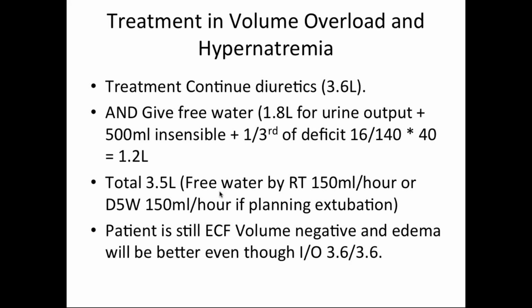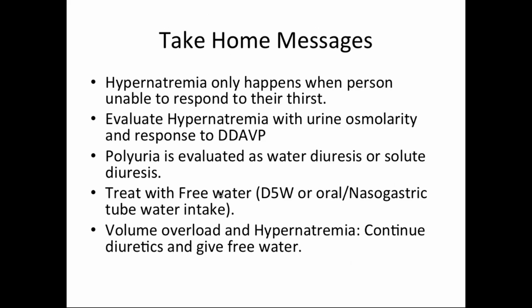And so as we continue our diuretics, the person's extracellular compartment, interstitial compartment, the edema is going to be coming down, and the free water or the D5 that we are going to give is going to go predominantly into the intracellular compartment. Even if the input output matches, the person is actually getting extracellular fluid volume negative.